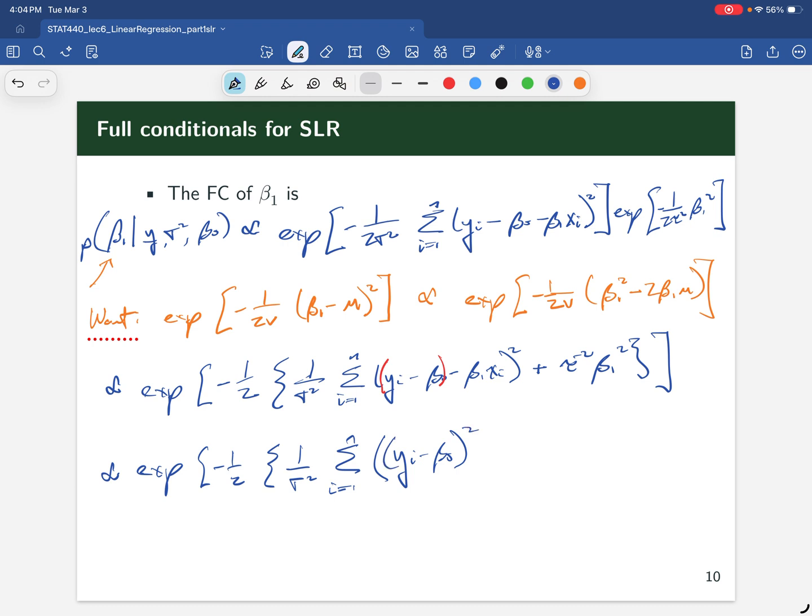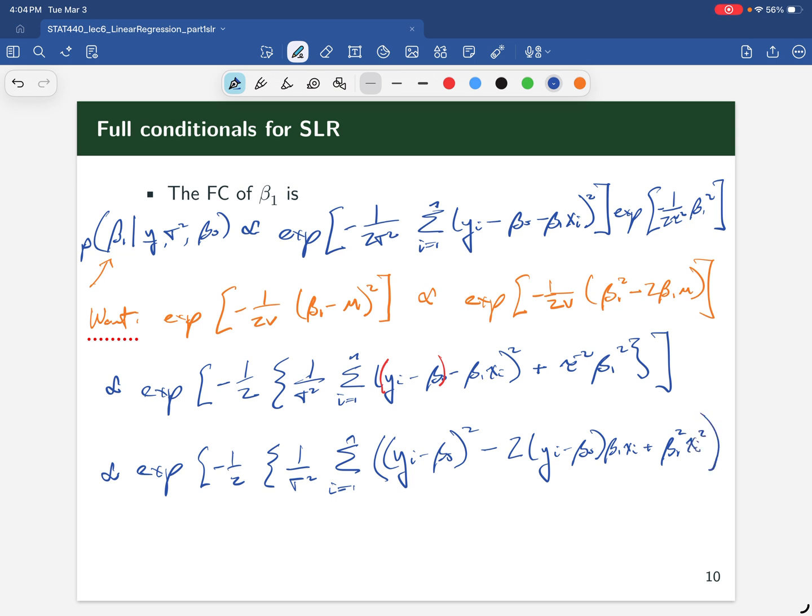My cross term is going to be minus 2 times (yi minus beta naught) times beta 1 xi. And my last term would be plus beta 1 squared xi squared.